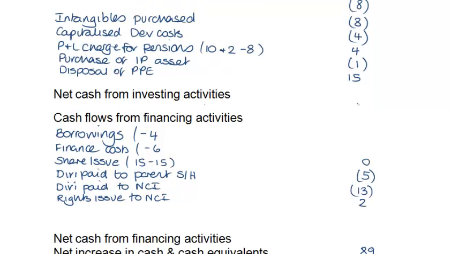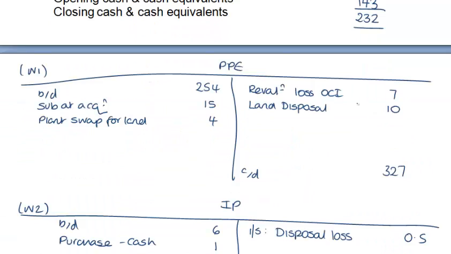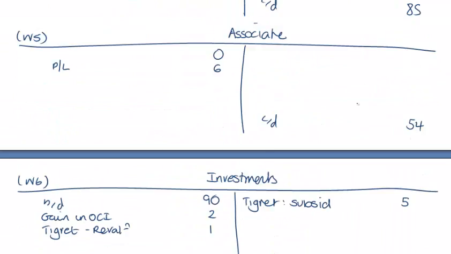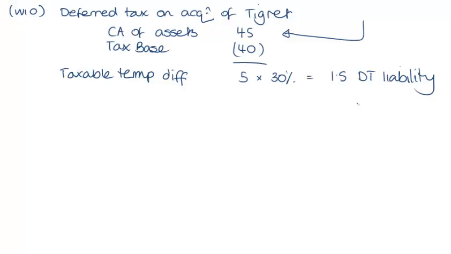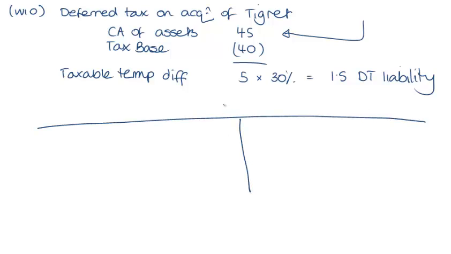Let's just work out what's happening there on our overall gain or loss. You might want to summarize this in a T account. PPE disposal. We've got the land coming out at 10.